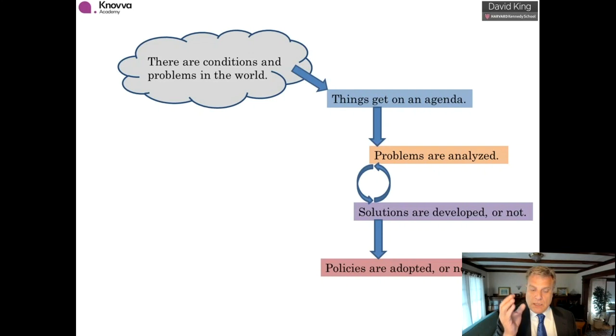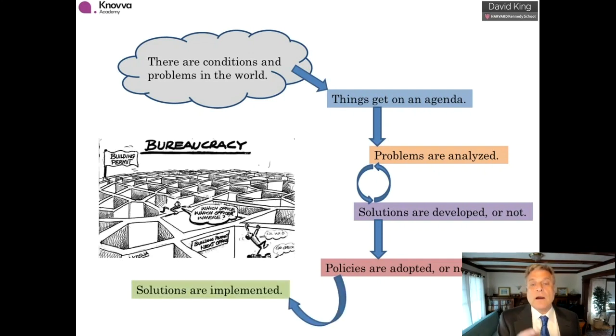And in my part of the world where I'm focusing on legislatures, so much of our energy is just on trying to get a bill out of committee or get a bill passed and signed by the governor or the president. We don't think very long and hard about the next stage of the policy process. And that is that these solutions have to be implemented.